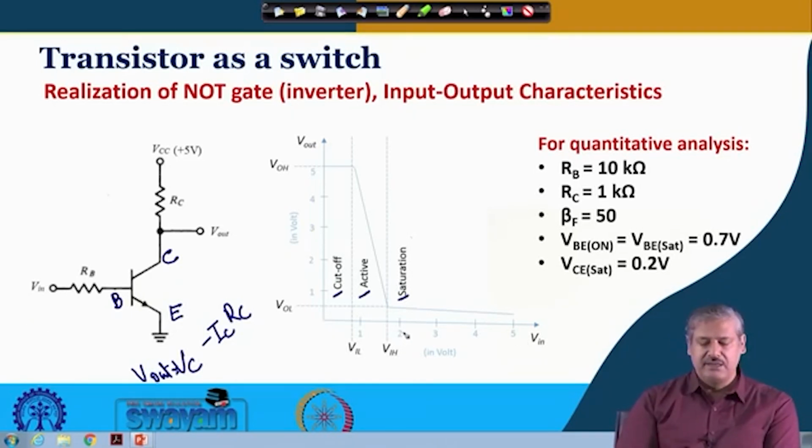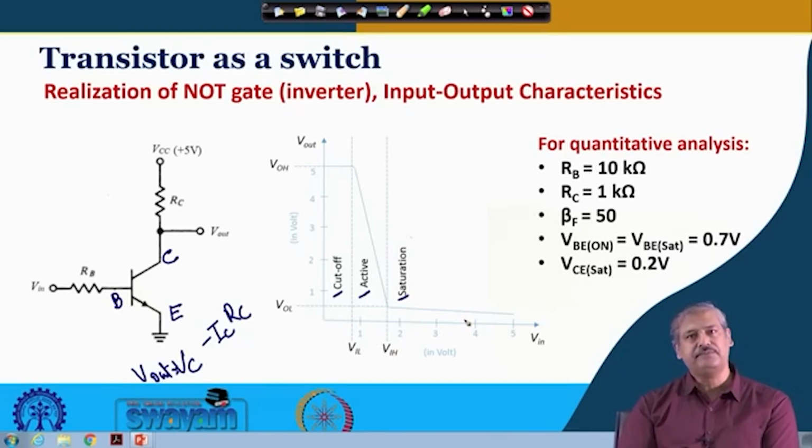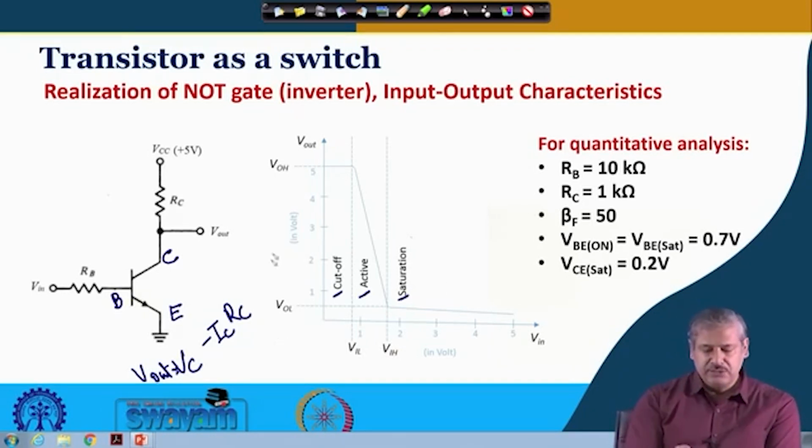Is it clear? So, we see the inversion relationship. Input is low over here, output is high; input is high, output is low. And we see there are two other voltages. This is VOL, the voltage at the output side which is treated as low.